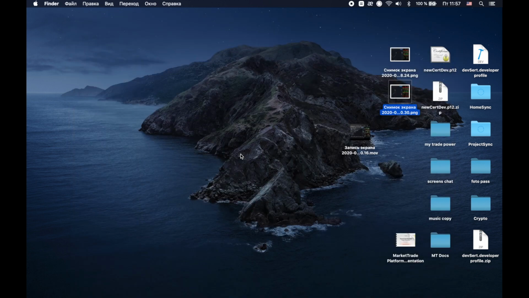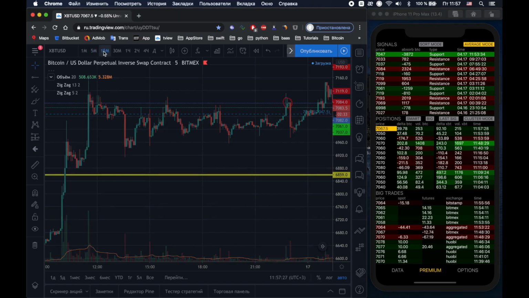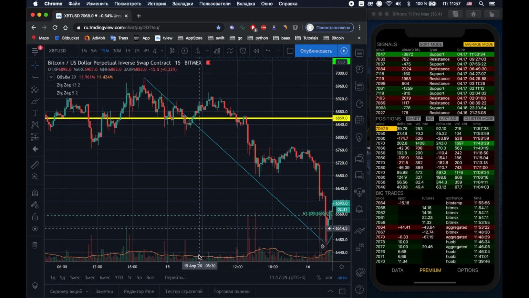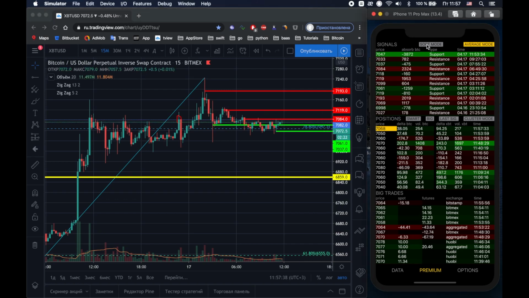Alright, and also here we have the sort mode. That is to move the signals to the graph in a more convenient manner. So we only take the major signals from 1,000, and we can also sort them by price, like so.